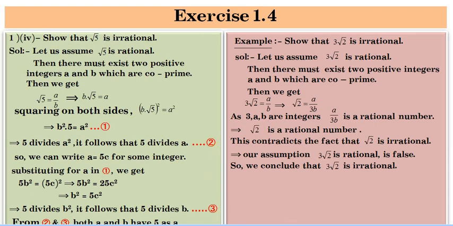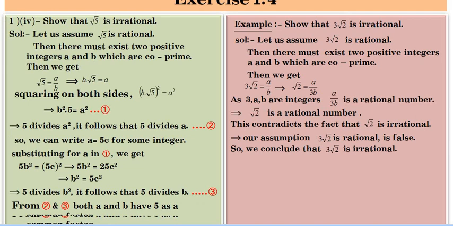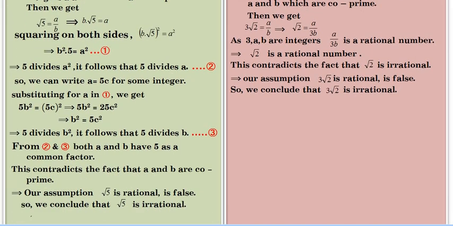Now if you just observe statements 2 and 3, what do you find? 5 divides A and B also, means 5 divides B, isn't it? So both A and B are divided by 5. That means A and B have 5 as a common factor.